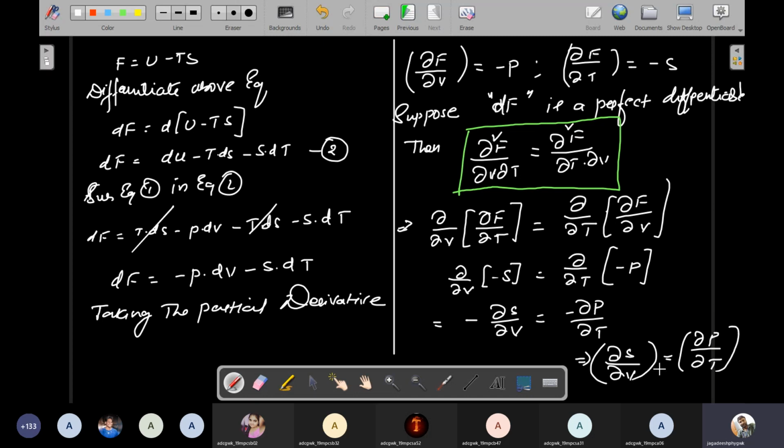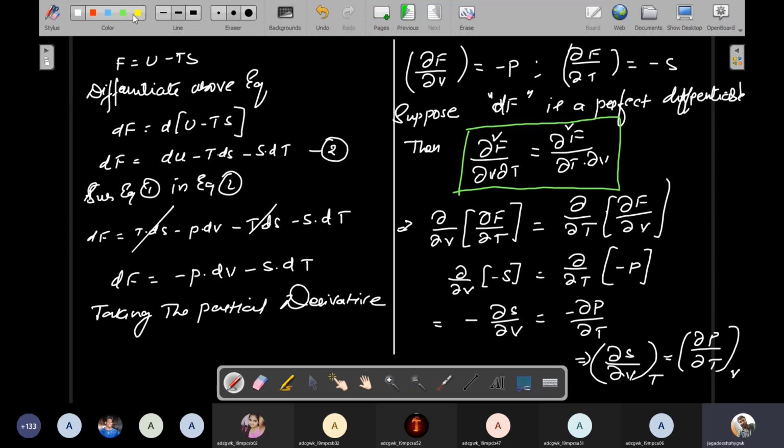So this is the second thermodynamic potential. Here temperature is constant, here volume is constant. So the derivative dou s by dou v at constant temperature is equal to dou p by dou t at constant volume.